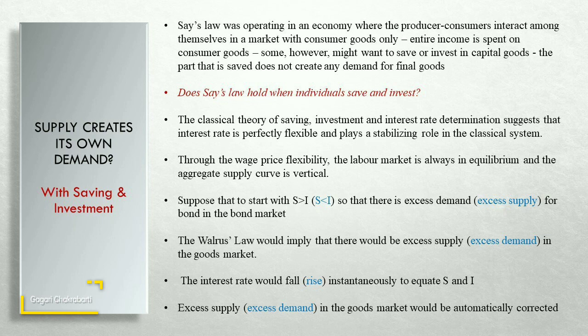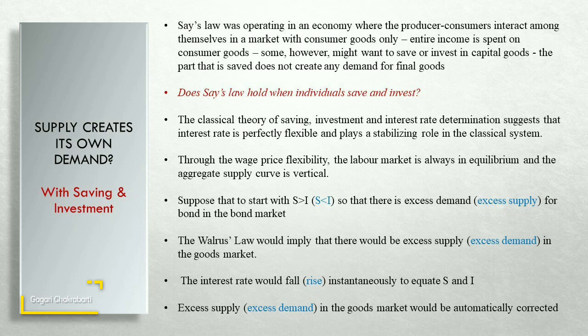Further, money is neutral, or money is a veil, in a classical system. So the quantity of money affects only the prices. It doesn't have any impact on real variables such as output and employment. Output and employment will be basically supply determined.